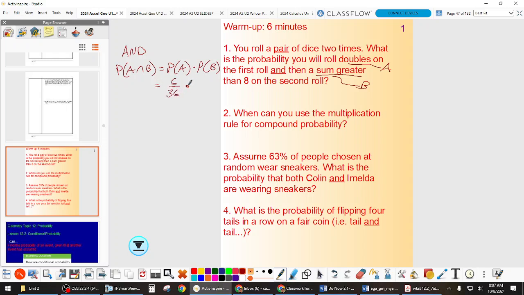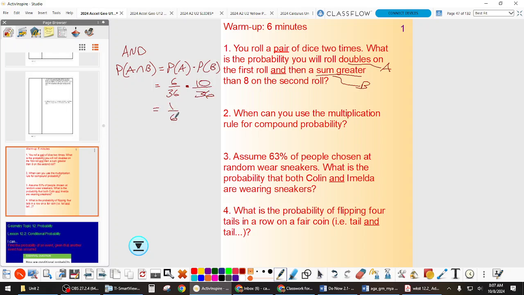And how many ways can we make 8 as a sum? A sum greater than 8, so 9, 10, 11, 12. I don't have that memorized, so it's 10, okay.